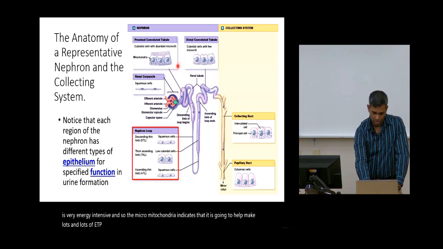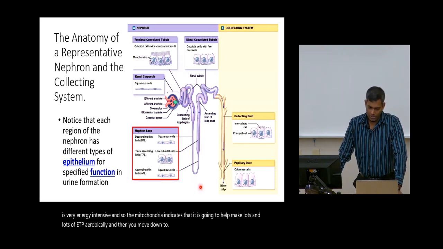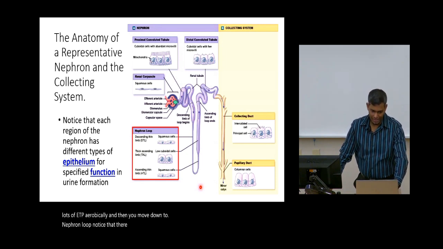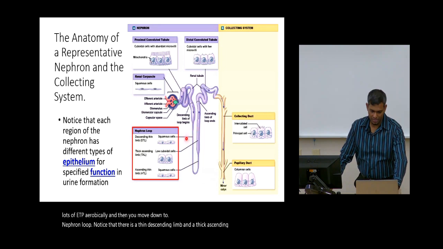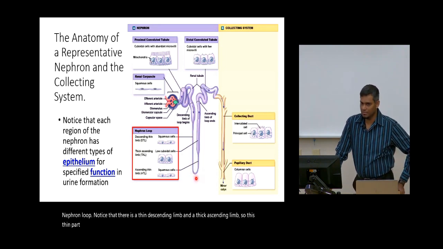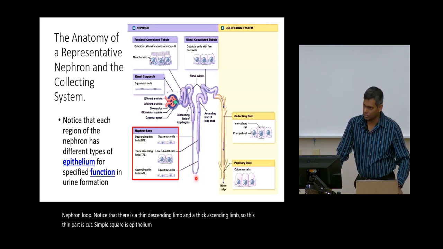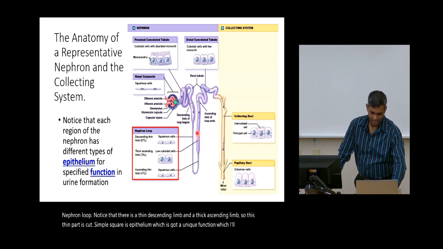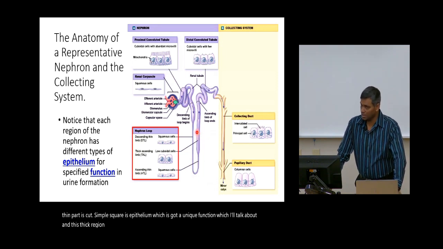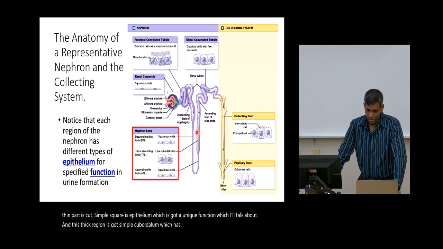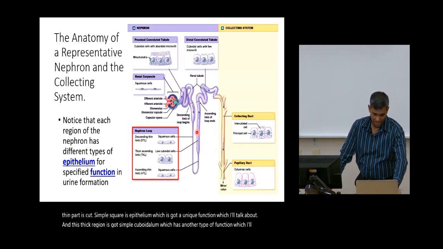And then you move down to the nephron loop. Notice that there is a thin descending limb and a thick ascending limb. So this thin part has got simple squamous epithelium, which has a unique function which I'll talk about, and this thick region has got simple cuboidal epithelium which has another type of function which I'll specify in the upcoming slides.